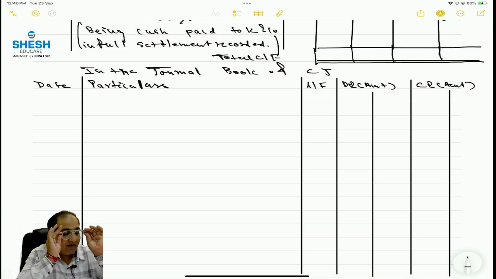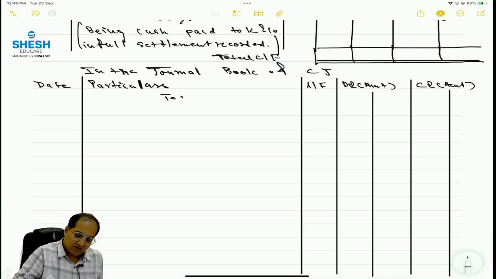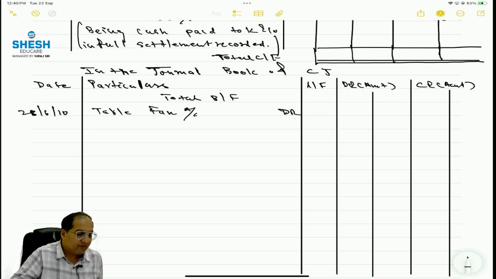Bought a table fan on credit from Messrs. Patel Electricals. So on 28th, I have bought an asset on credit basis. Table fan account debit 225 to Messrs.